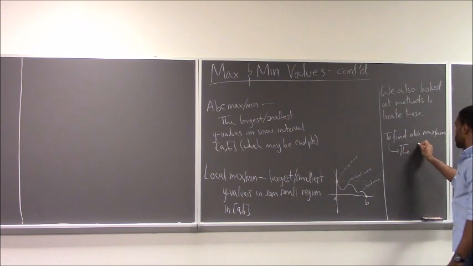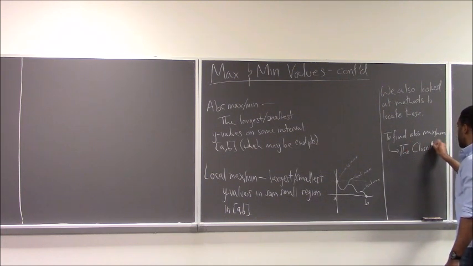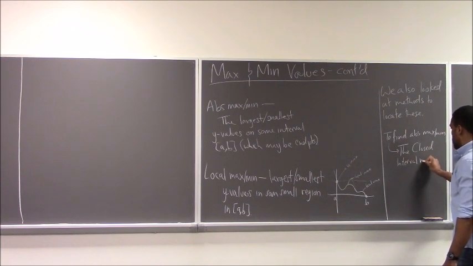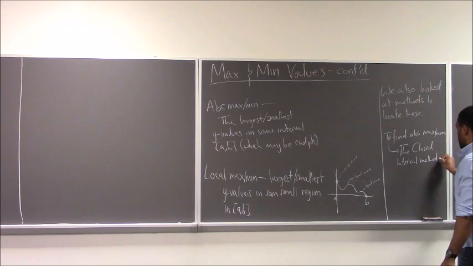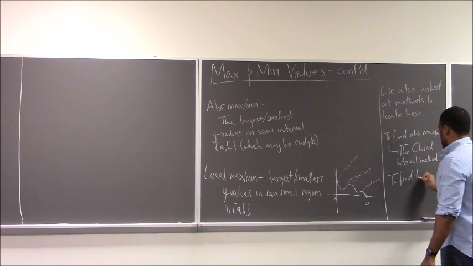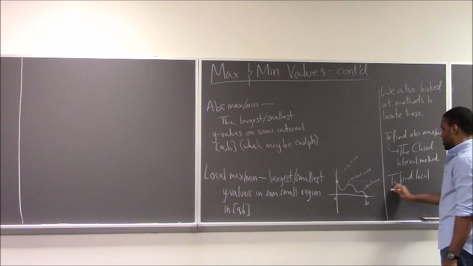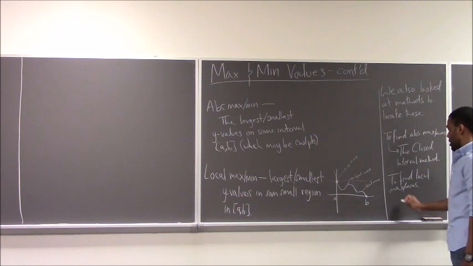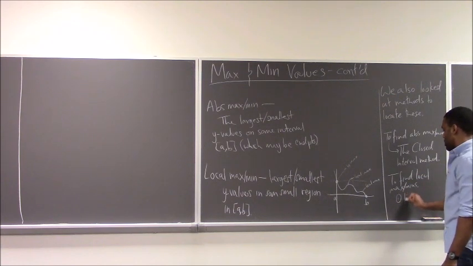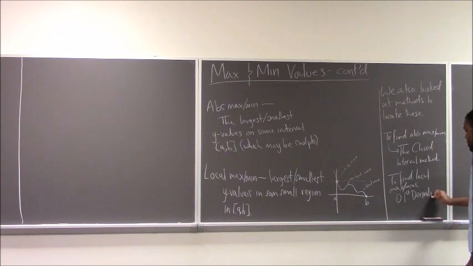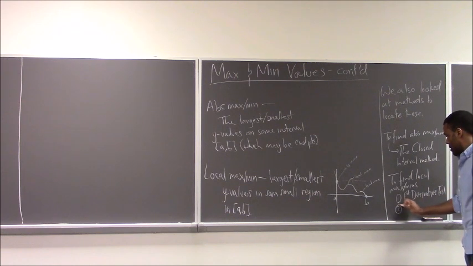Well, we didn't actually use it, I'm going to use it now. To find local max and mins, we had two options: the first derivative test and the second derivative test.